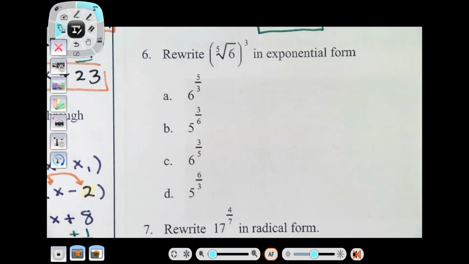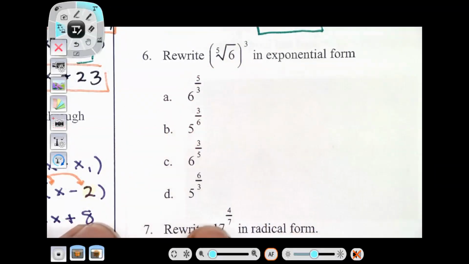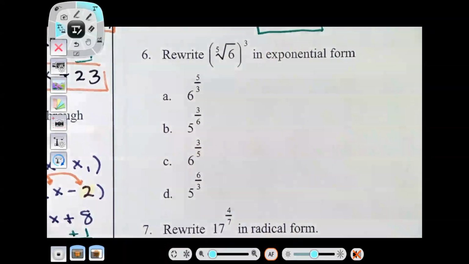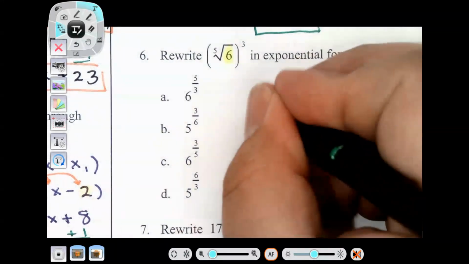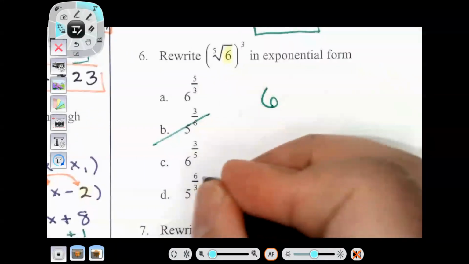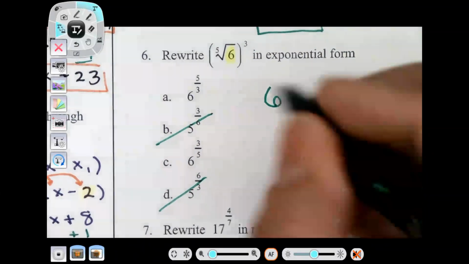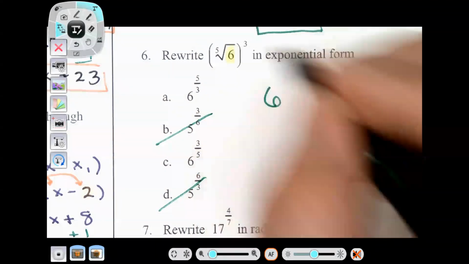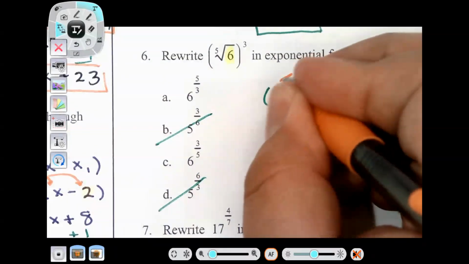So we'll rewrite this. Now it says a 6. Notice there's a 6 involved. That's the base. So I have to have a 6. So that means this is out and this is out. They make no sense at all. And because we have a radical, that's why we have it in our word wall, it means my power is a little fraction up here.